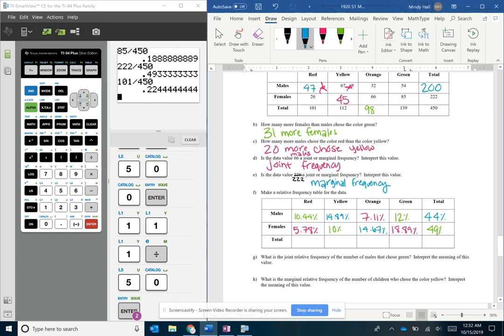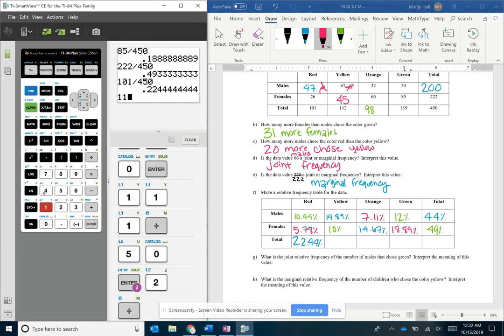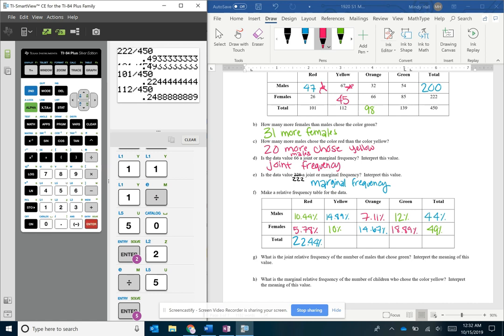Good job being persevering, because I know this can be rough sometimes. That gives us 22.44%. Then we have 112 divided by 450, which is, as it loads, 24.89.